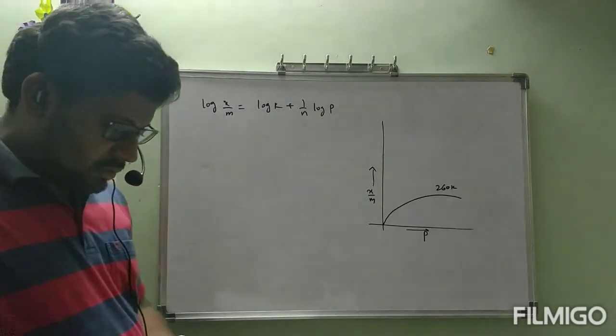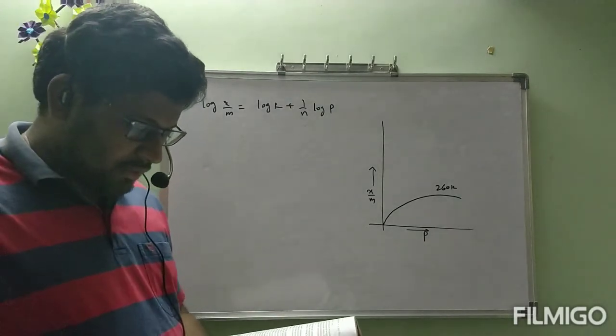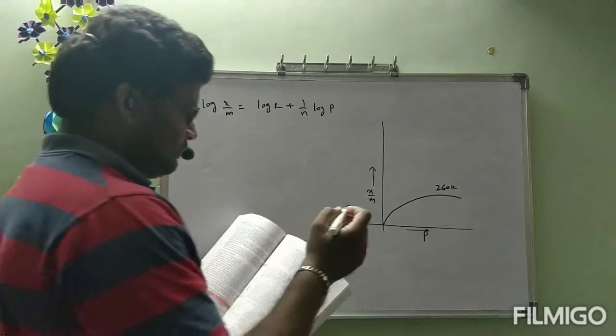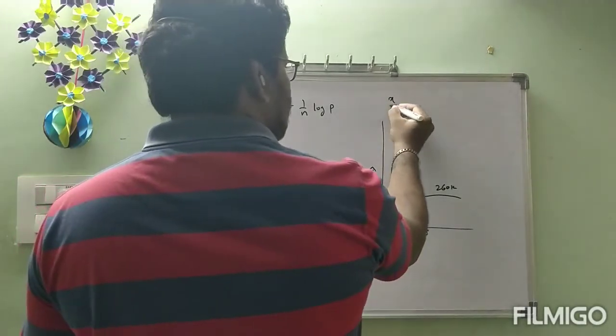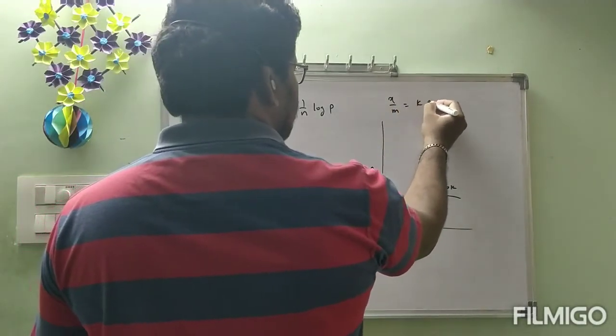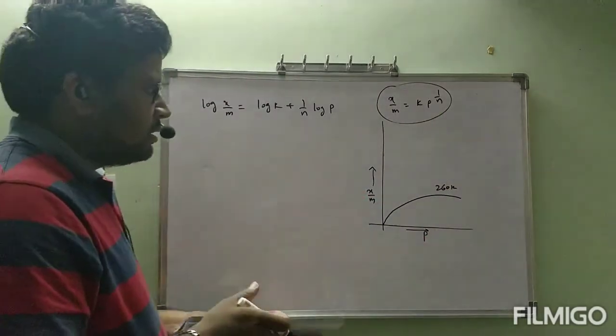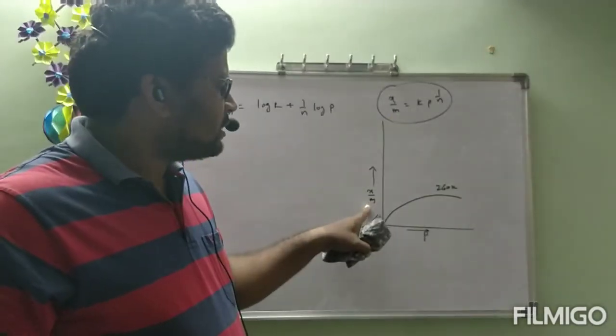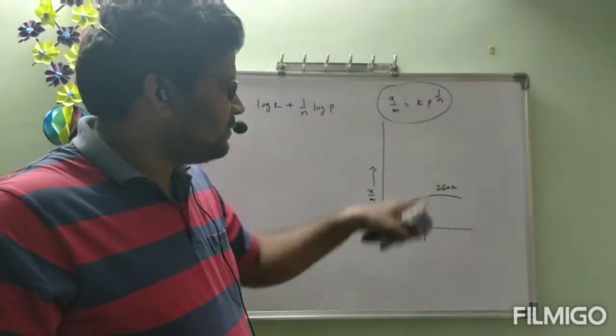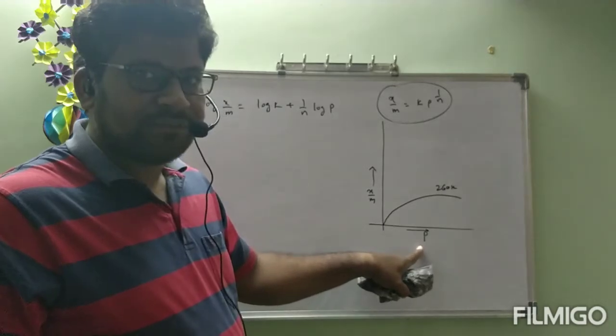Actually this is an application of logarithm. Normally, x by m is equal to k into p power 1 by n. Here x by m is taken on the y-axis, p on the x-axis.